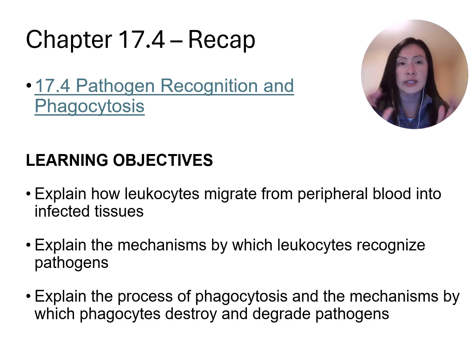The phagocyte extends those pseudopods around the pathogen. 3 was phagosome formation. The pathogen's fully internalized now, and it's in that phagosome, that membrane-bound vesicle. The pH drops to 4 to 5, starting that microbial killing. The fourth step was that phagolysosome formation, right, when the phagosome fuses with the lysosome to create that phagolysosome.